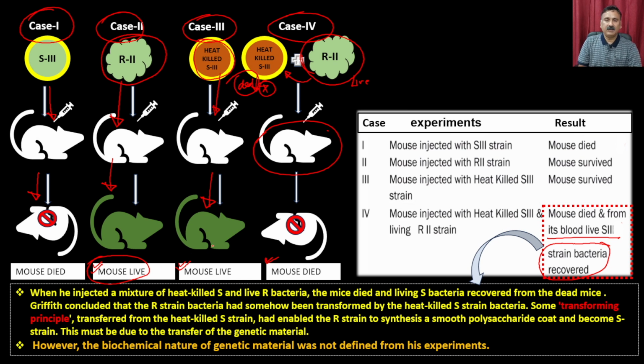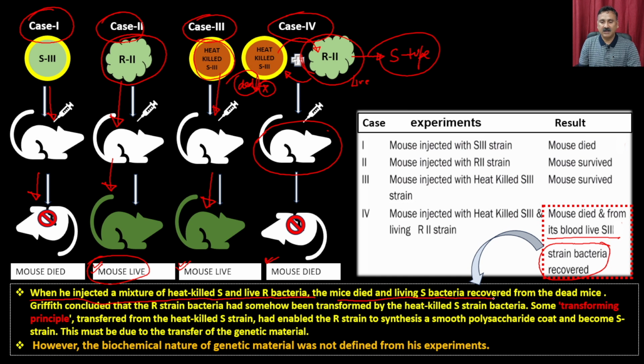And that's how he said that the material which carries the information went from the heat killed bacteria into the R type bacteria, and that's how the R type bacteria got converted into S type bacteria. And then he coined the term that this phenomenon is called transformation.